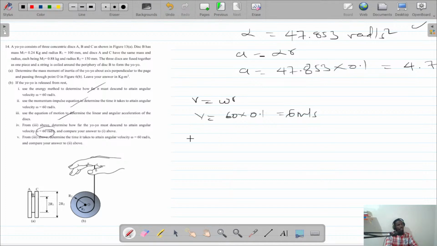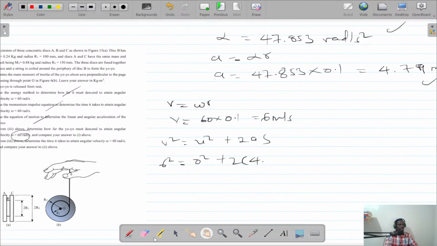So using v squared equals u squared plus 2as, to attain 6 meters per second from 0, we have 36 equals 2 times 4.79 times s.